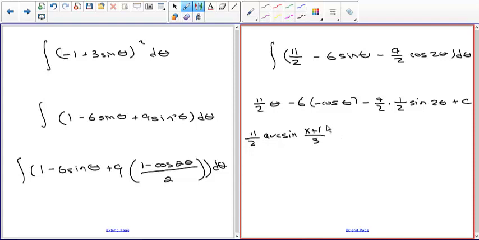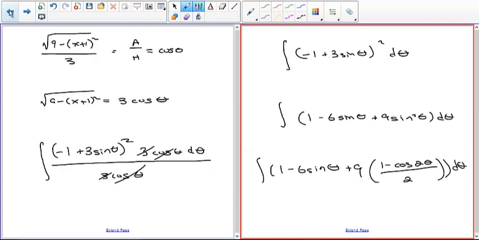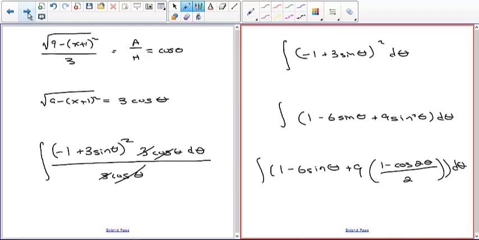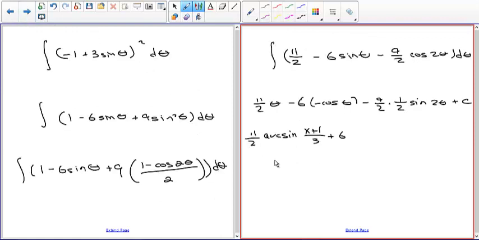Okay, the next one, these negatives cancel out, so you get plus 6 cosine of theta, but the cosine of theta is equal to square root of 9 minus this thing here. So we'll plug that in there. So that's going to be equal to the square root of 9 minus x plus 1 squared divided by 3. And then the final one is going to be 9/4 times the sine of 2 theta.